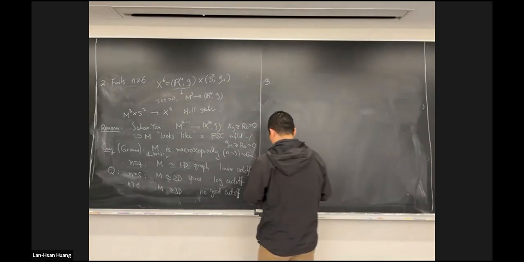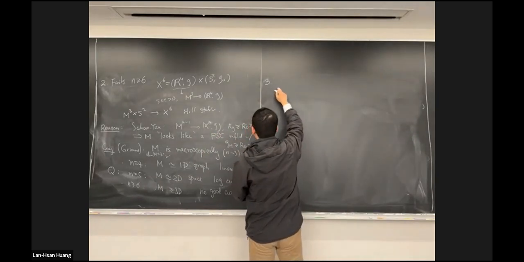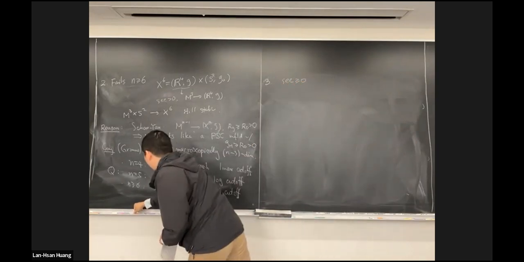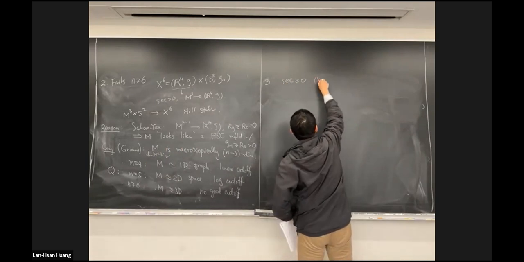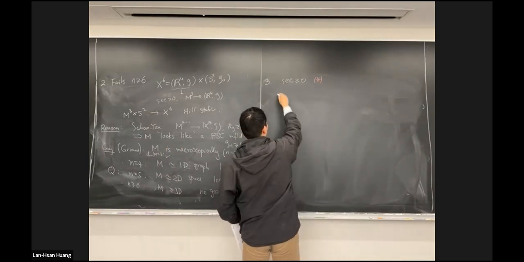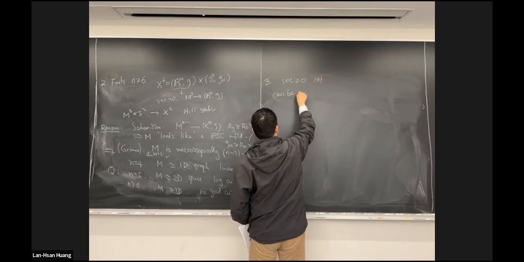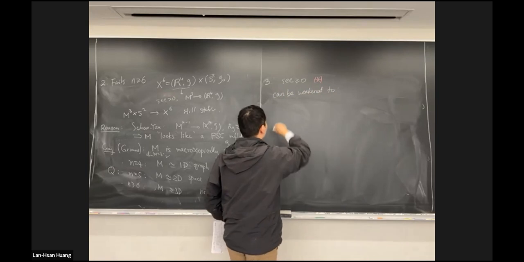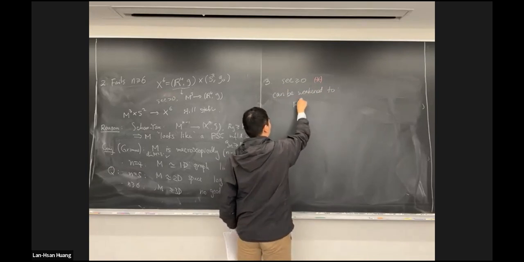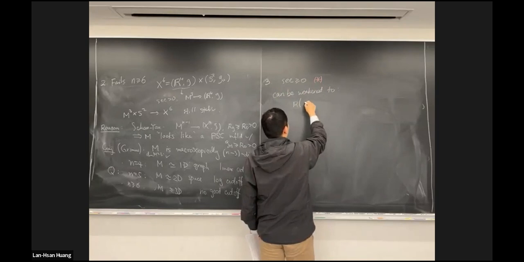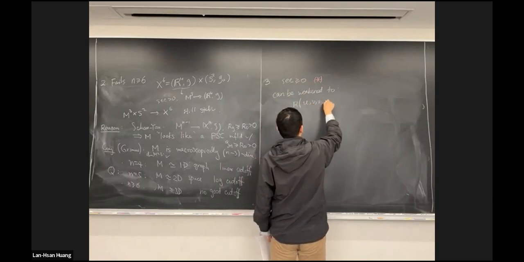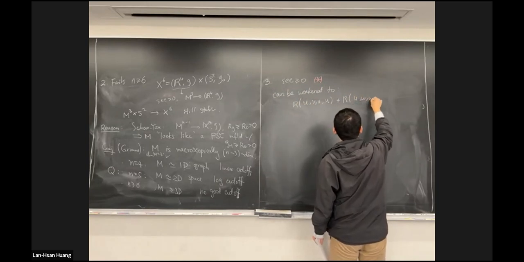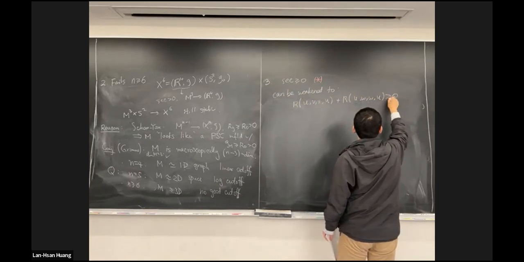Okay, so the third remark, which is also a little bit interesting, is that remember we have a sectional curvature assumption. This can be weakened to the following condition: you take the Riemann tensor R(u,v,v,u) plus R(u,w,w,u) is non-negative, for every orthonormal u, v, w.